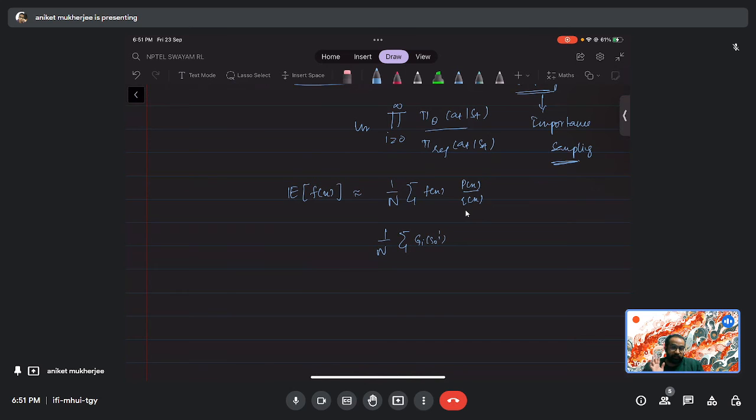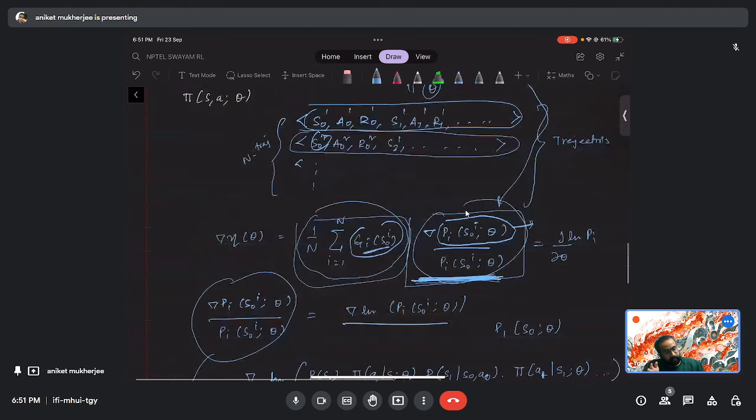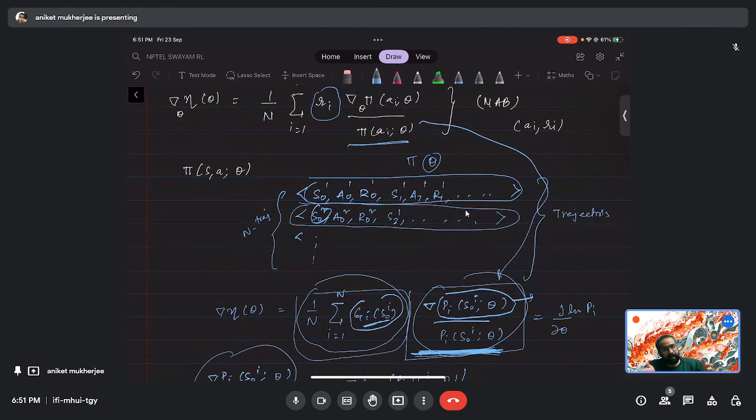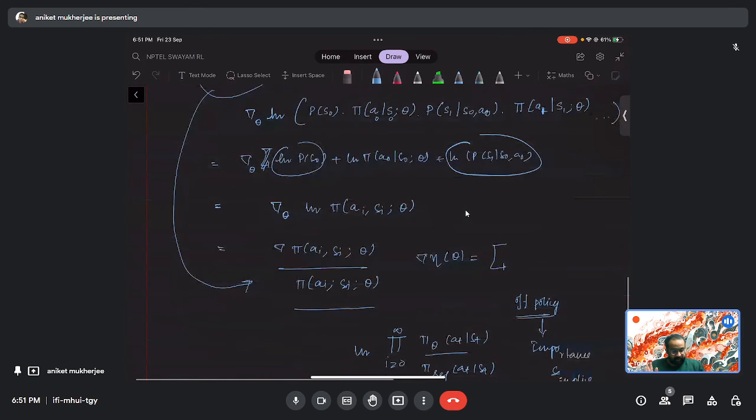Basically what happens while running policy gradient is that you don't take it till infinity, you truncate it at some time t, and then you take the expectation. There is actually a proof to show that.